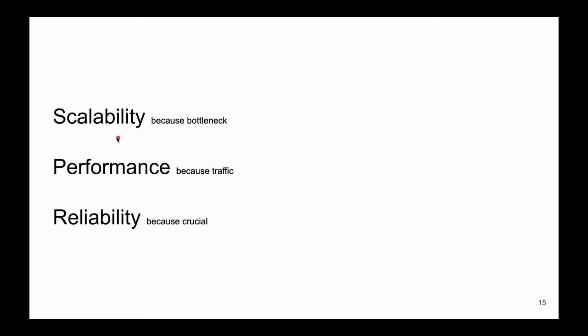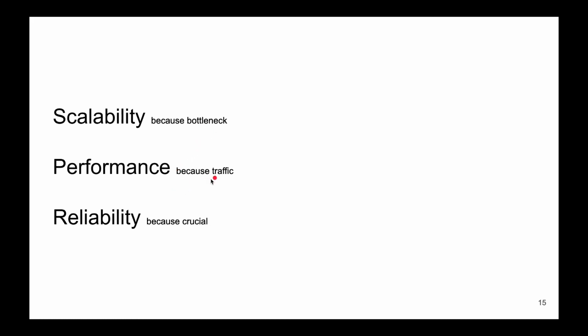The requirements to design an ideal SDN controller are scalability, performance, and reliability. Scalability because the controller can quickly become a bottleneck when the number of connected forwarding devices initiate more flow requests than the controller capacity.